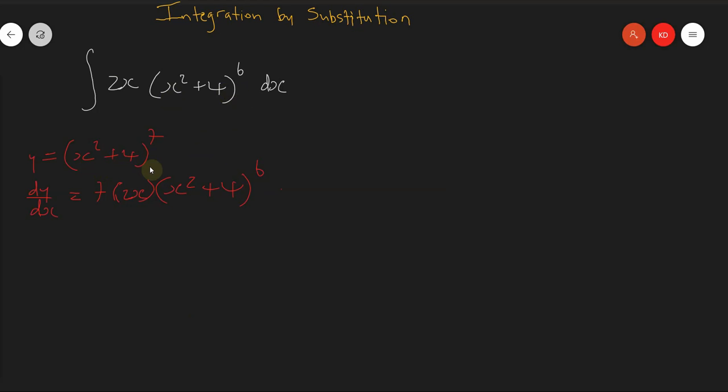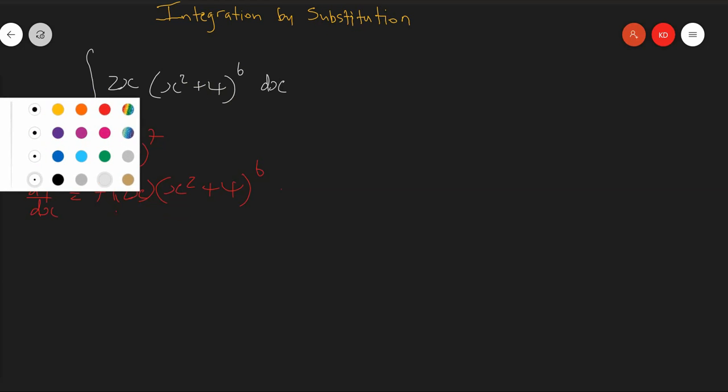It must be coming from some multiple of that, or a fraction of it, or whatever, right? So looking at this, we can see that what we get here for the derivative of y with respect to x is 7 times what's here for the integrand.